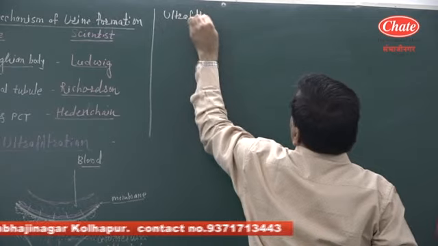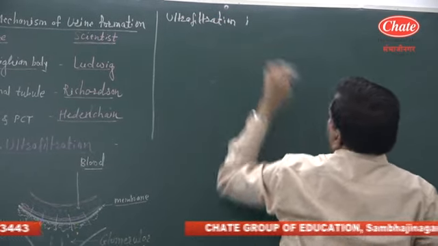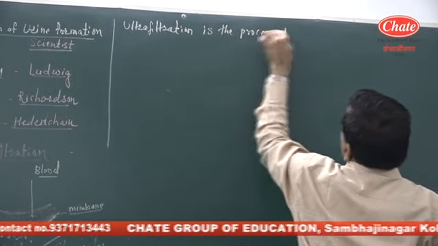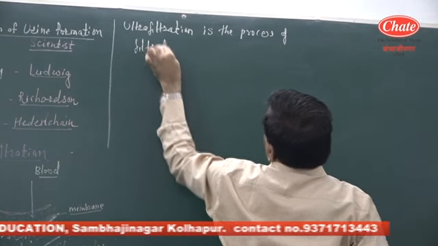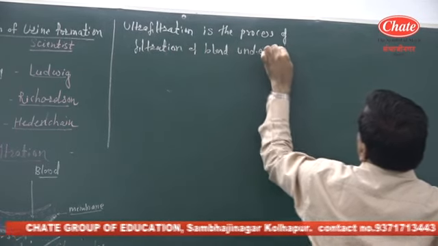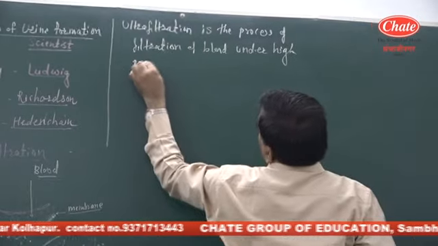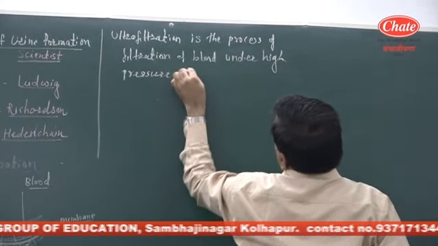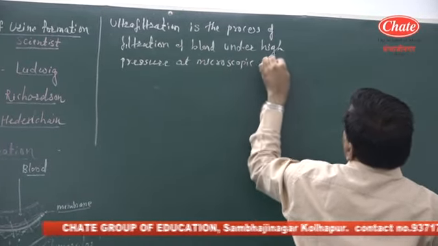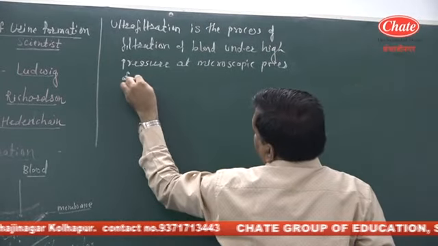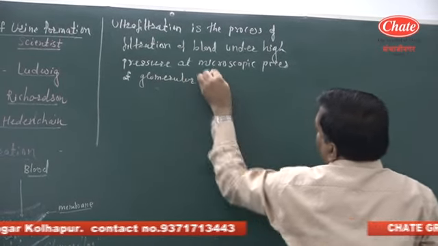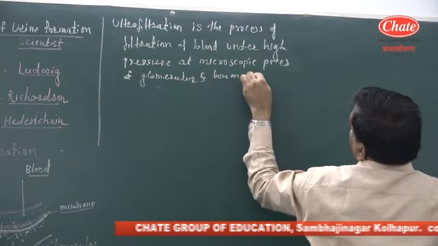Ultrafiltration is the process of filtration of blood under high pressure at the microscopic pores of the glomerular capillary and Bowman's capsule.